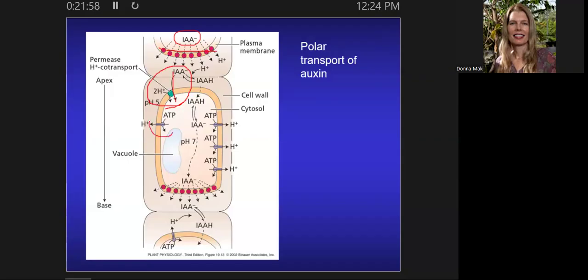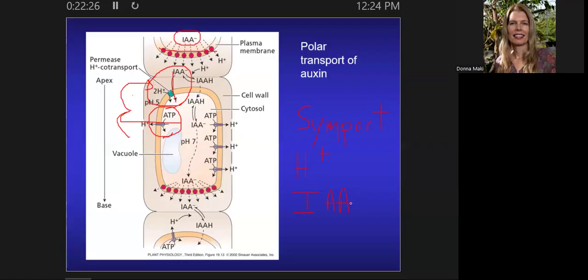So that's what they're showing here. ATP is being used to push protons out, and then it can come and help auxin come through. All right, so this is the symport idea where you have two molecules coming through that transport protein. In this case, it's a proton and the auxin.